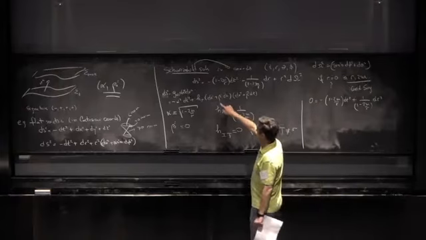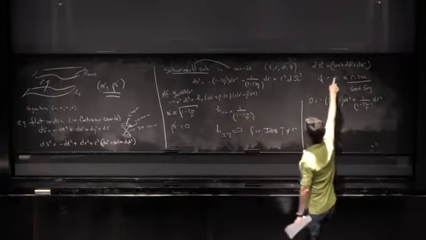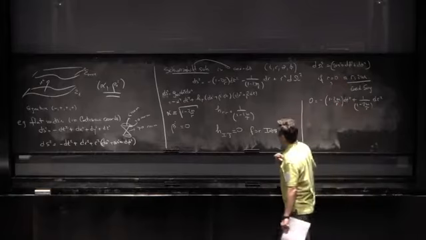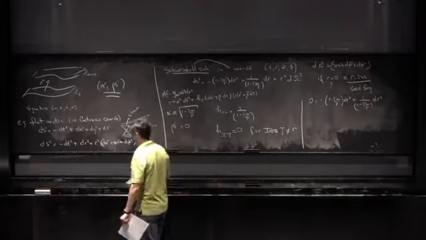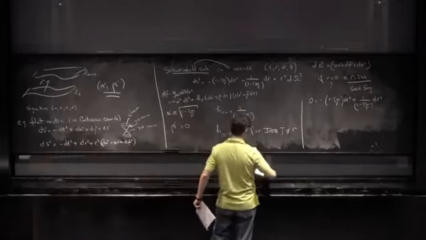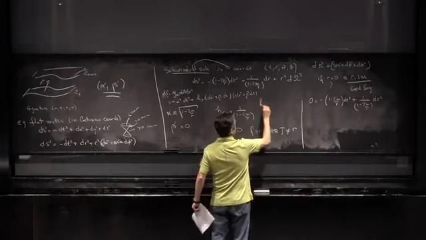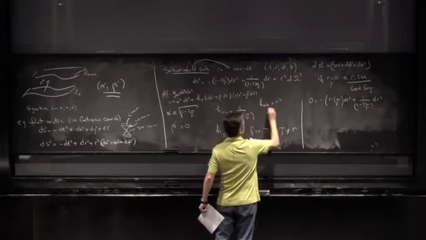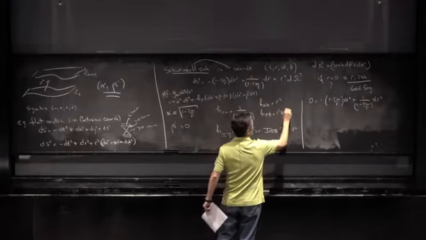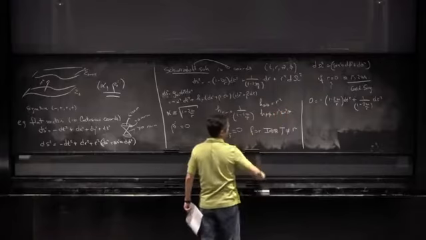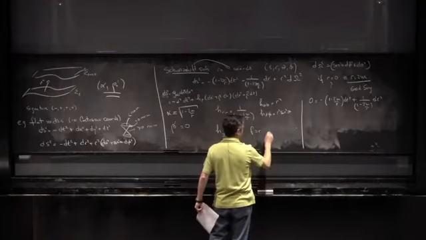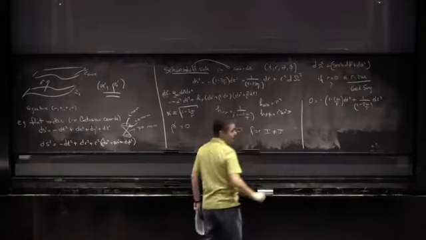You're right, I thought it was a mistake. Sorry, this is what I wanted to say. h theta theta is equal to r squared, h phi phi is r squared sin squared theta, and h ij is 0 for i different from j.